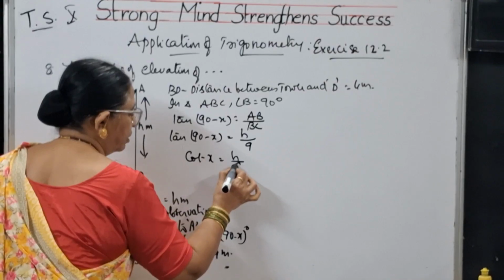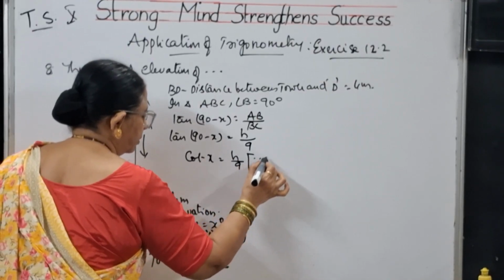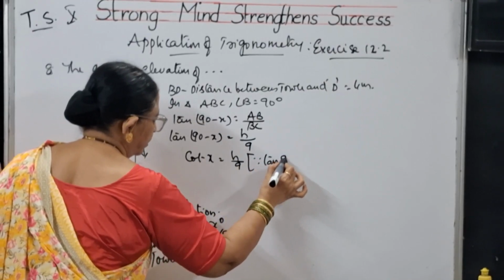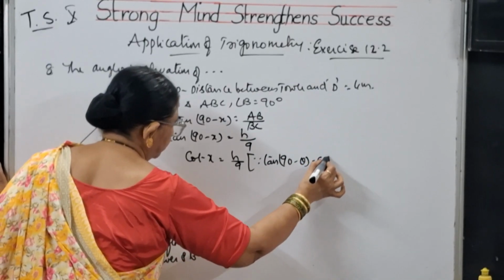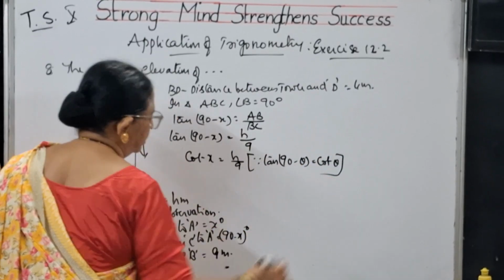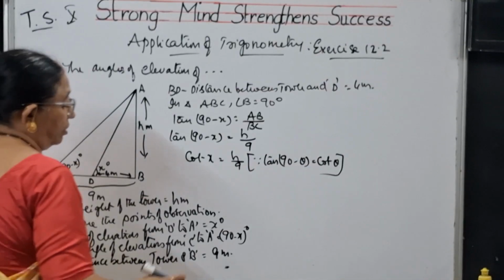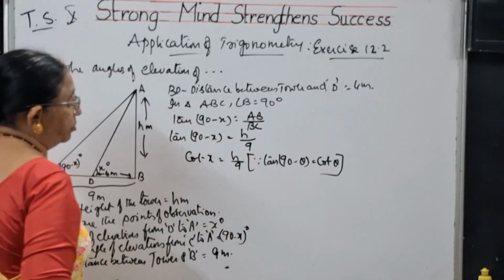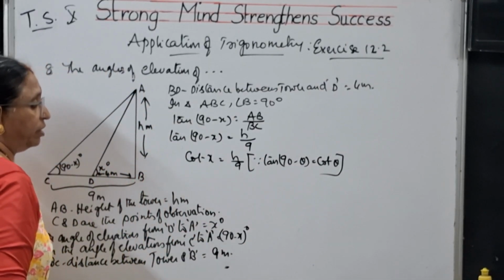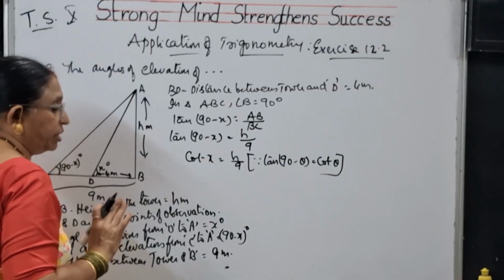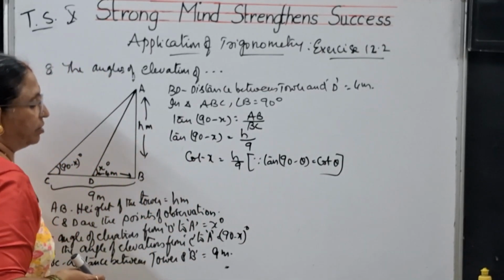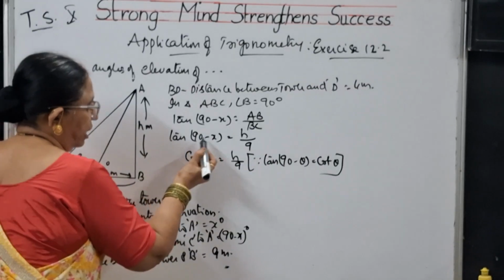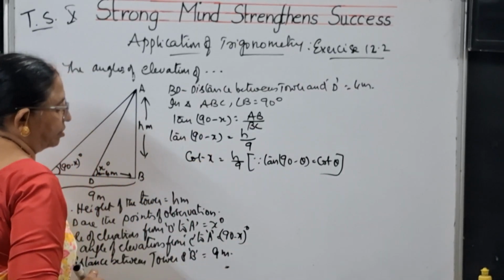So cot x is equal to h by 9. Why? Because tan 90 minus theta is equal to cot theta. This is an identity from the trigonometrical complementary ratios. I think you have remembered it from the previous topic. So tan 90 minus x is cot x.